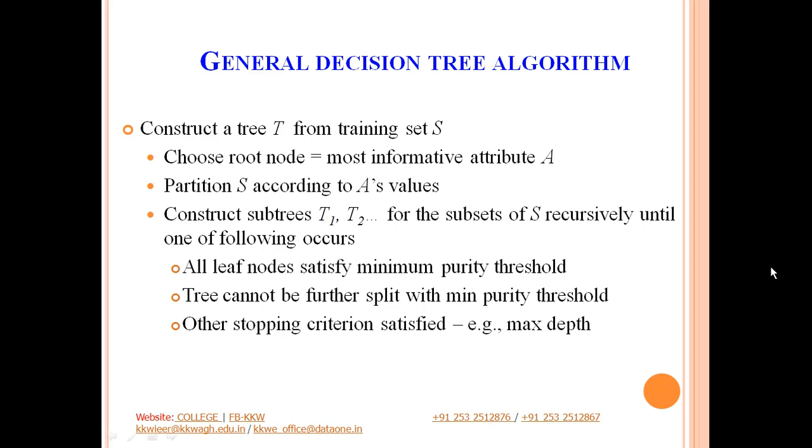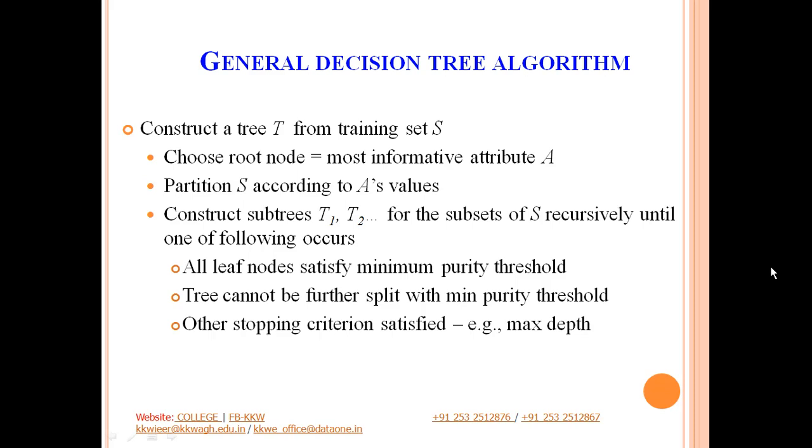What is the next step now? If you are partitioning the data set, then you have subtrees T1, T2, T3 depending on how many partitions you make, and then you go on repeating this process recursively to construct the decision tree until one of the termination conditions is reached.